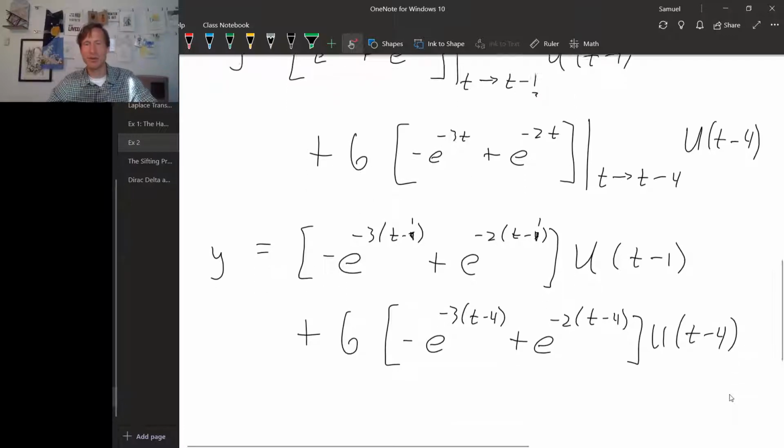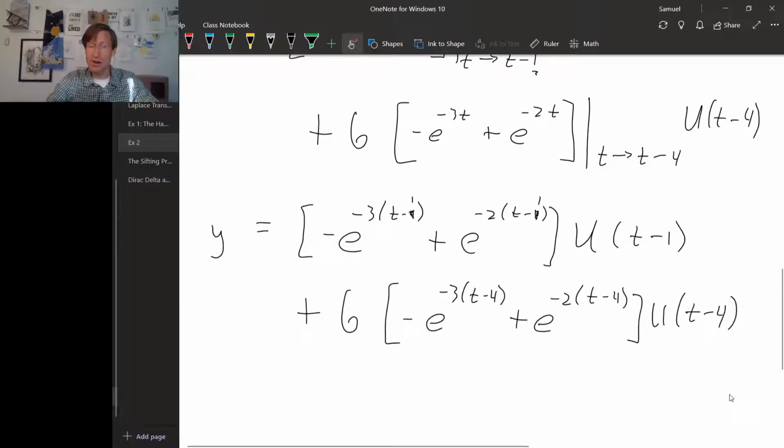Okay, so this is our solution for what happens on this mass on a spring.